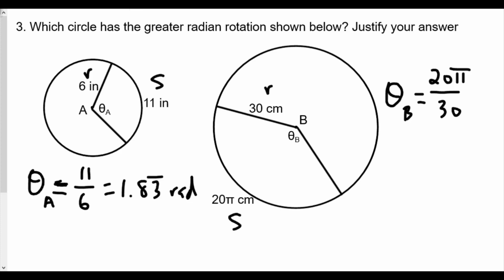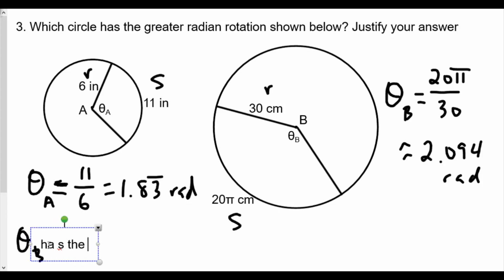So here we get, so theta B is approximately 2.094 radians. And we see in this case, the greater radian rotation would be theta B. So we'll say in this case, theta B has the greater radian rotation value.